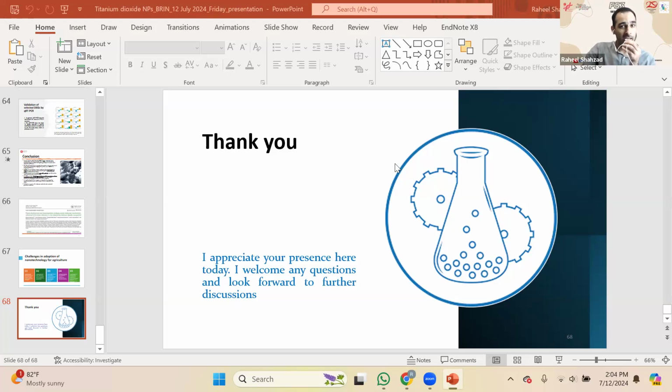So if the methylation is higher in the samples, you can check the impact that way. Okay. Is there any question left?